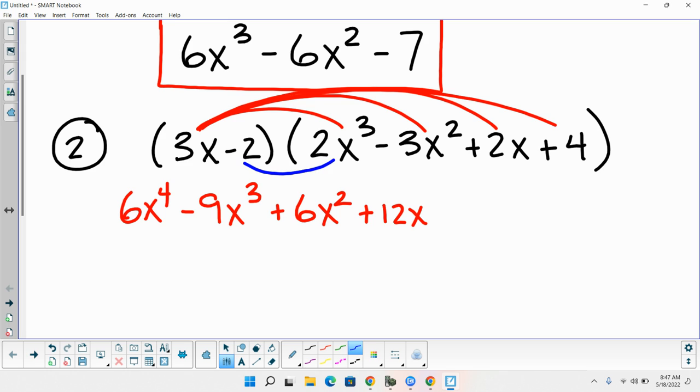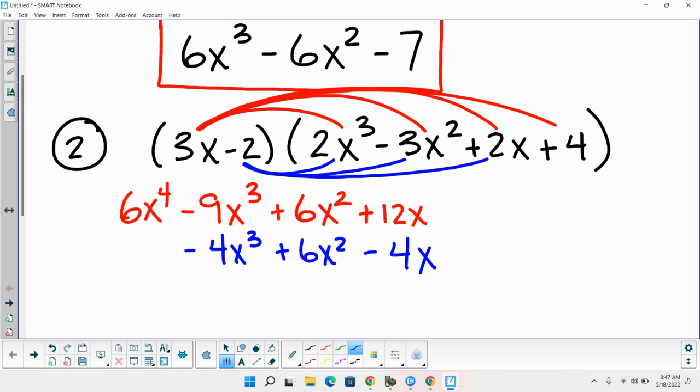Negative 2 times 2x cubed is negative 4x cubed. Negative 2 times negative 3x squared is a positive 6x squared. Negative 2 times 2x is a negative 4x. And negative 2 times 4 is negative 8. So I lined up the like terms so I could just do it vertically there, okay?